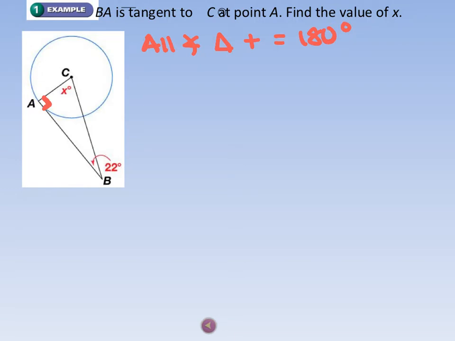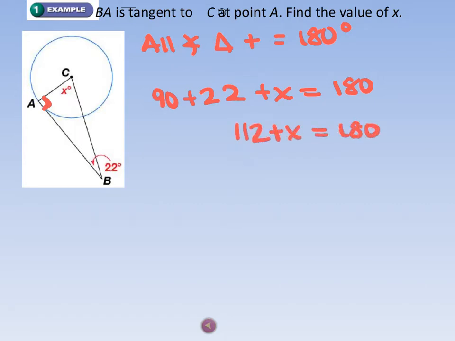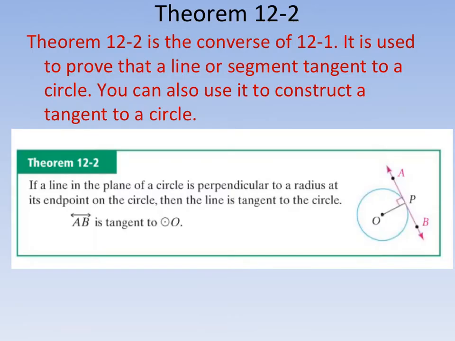So now if I write my equation, 90 plus 22 plus x should equal 180. If I simplify that, 90 plus 22 gives me 112. So 112 plus x equals 180. And if you finish solving, subtracting 112 from both sides, you get that x is equal to 68 degrees.